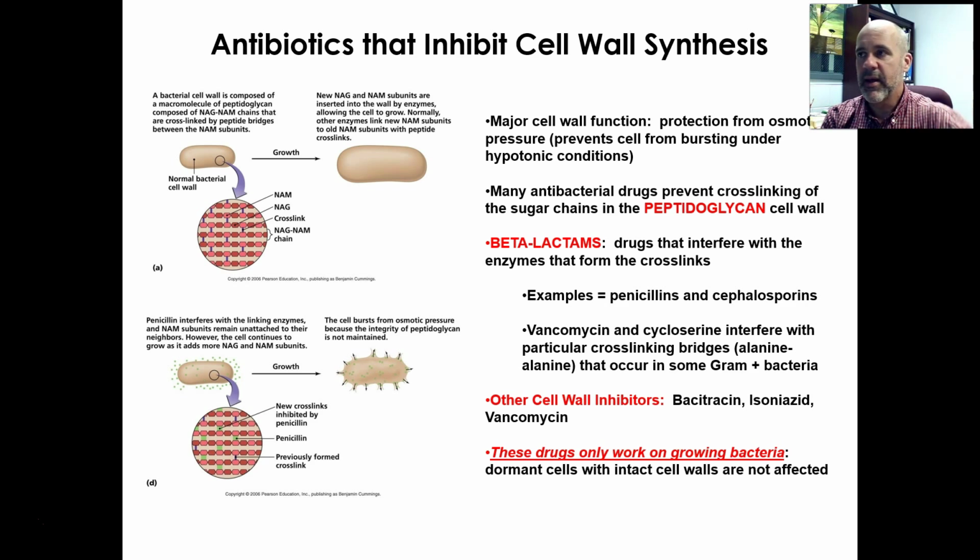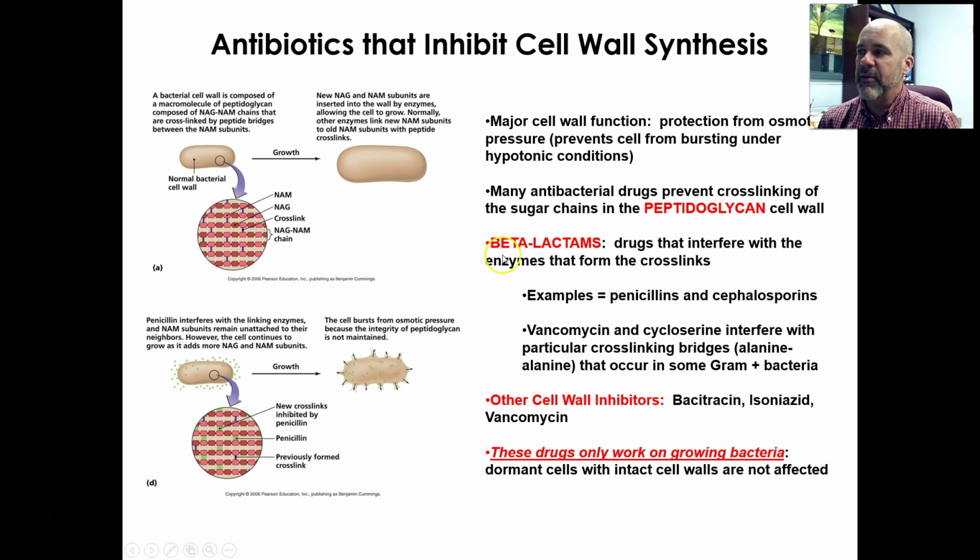So you have a 3D cell wall structure. So guess what? If you can't build those cross-links, there's nothing holding those NAM-NAG sugar strips together. So the bacteria actually produce the NAM-NAG sugar strips and they secrete them outside to help start building the cell wall, but there's nothing holding them together, so they're just going to kind of go floating off into Never Never Land, I suppose.